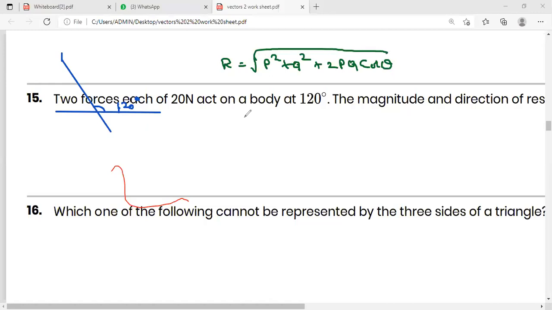In this particular case, p and q are both the same, 20. So 20 square plus 20 square, that means 400 plus 400, how much? 800. 800 plus 2 into 20 into 20, that is 800, cos 120.